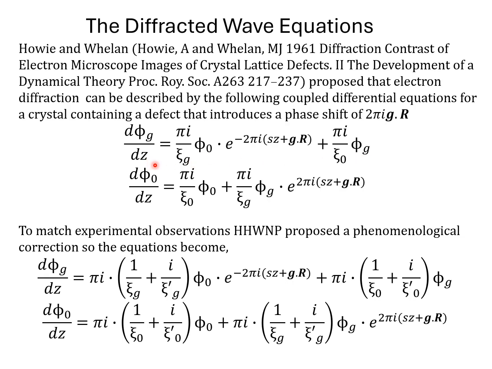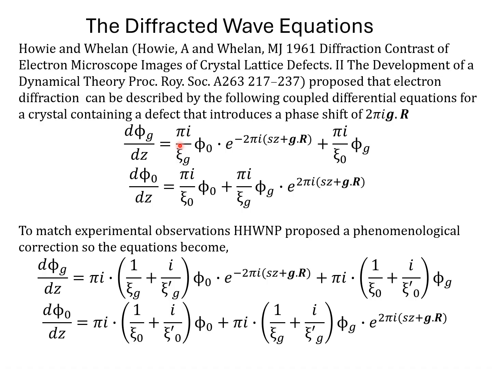So you can see how, if we look at dphi, the change in the amplitude, let's say of the direct beam or the scattered beam, the change in the amplitude, if you like, is dz over psi g. It happens over a certain distance where you get a change for whatever reason.